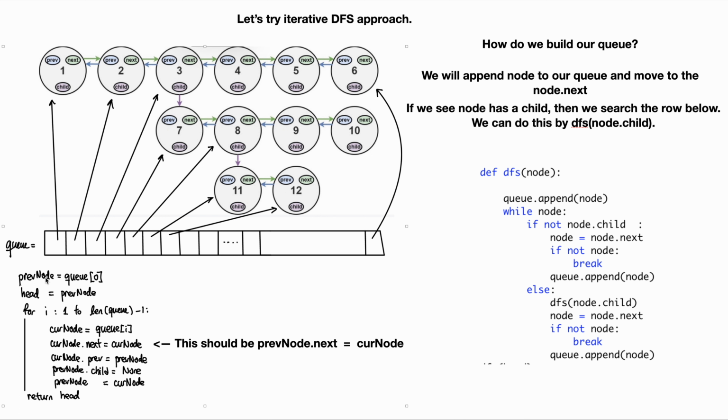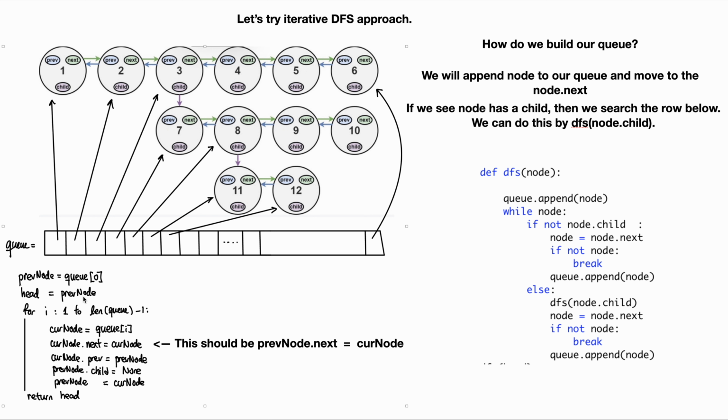So suppose you are given this, then it is very easy to flatten this doubly linked list. So how does that work? We first create a dummy variable called prev node, and that will be pointing to the first element. And then our head will point to this guy by setting head equal to prev node.